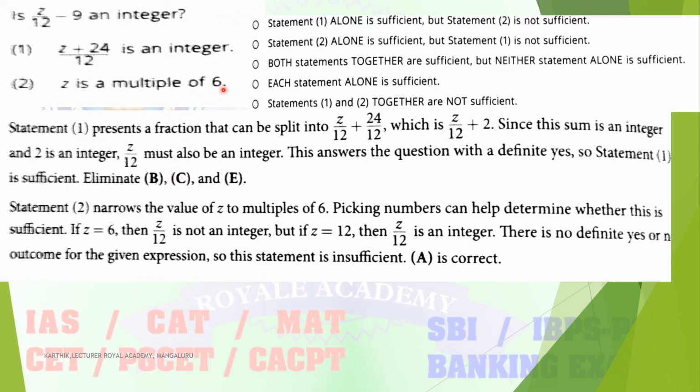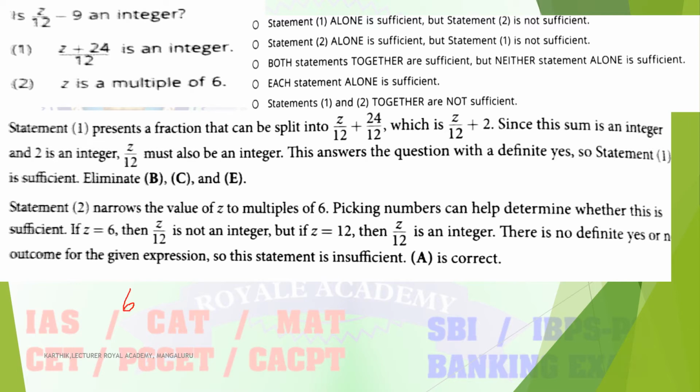Suppose you take a bigger multiple of 6, like z is equal to 600.